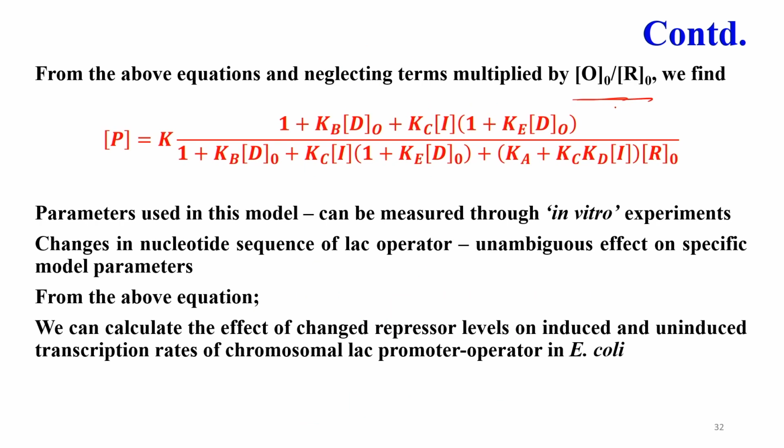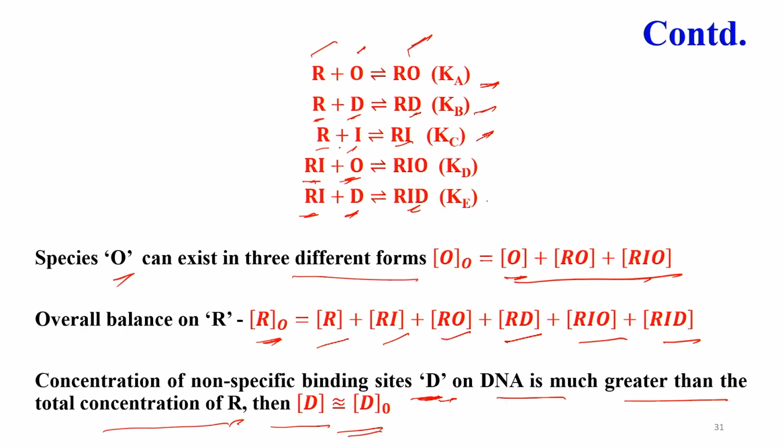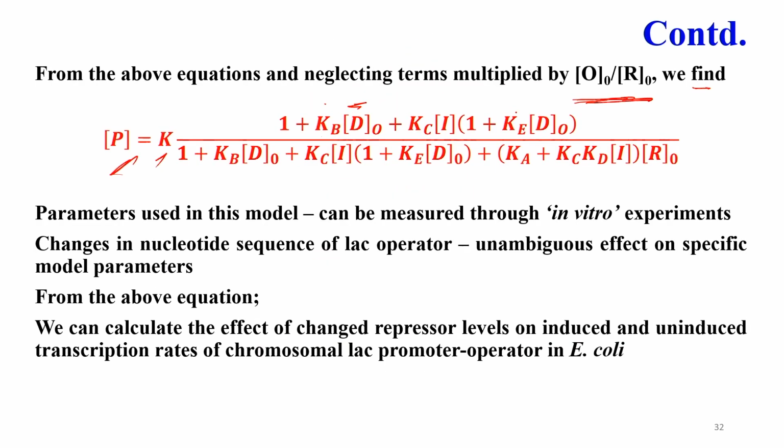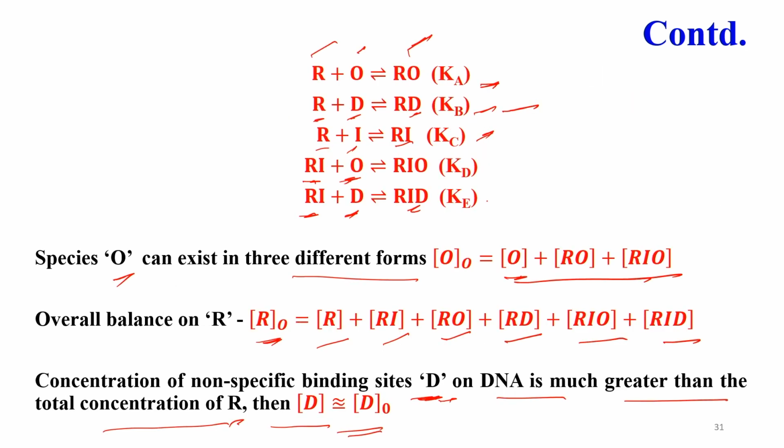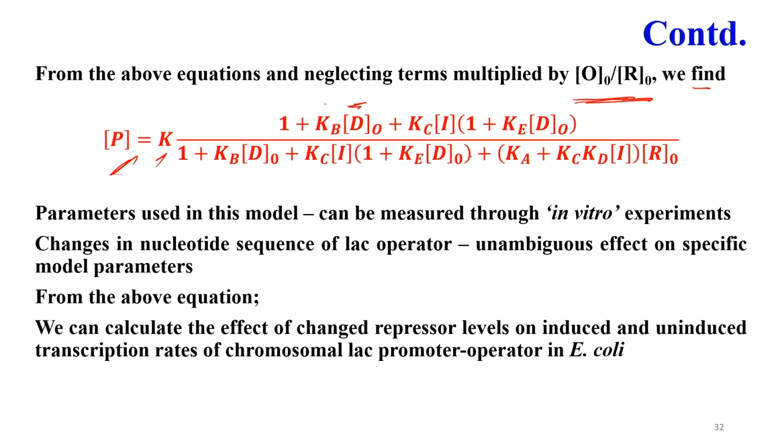Further, once we solve it, we are going to neglect the term which will be multiplied with O naught upon R naught, and this gives the final solution of P is directly proportional to 1 plus K into D naught into Kb, this is the R plus D, RD, plus Kc, Kc is R plus I. So, it is following R plus I. So, I is here 1 plus K into D naught divided by Kb, Kc, Ke, Ka and Kd.